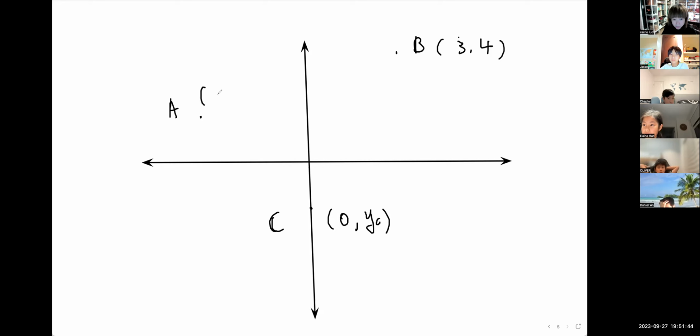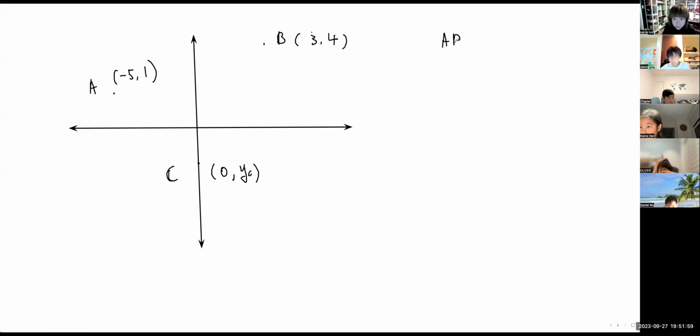And this one is -5 and 1. Okay, so everybody, I want you to give me the distance. You don't have to calculate. 就给我公式就可以，就把式子写出来。AB, AC, and BC. All of you, write it down.